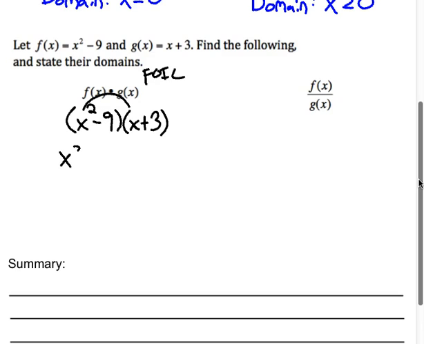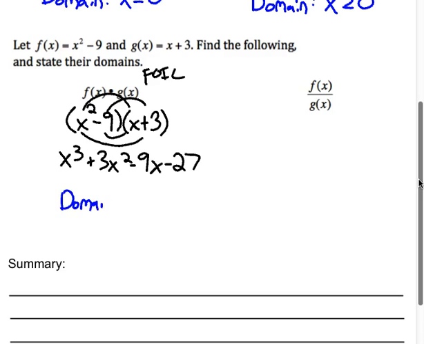I get x cubed plus 3x squared minus 9x minus 27 when I FOIL those out. My domain, because it's just a regular polynomial, is going to end up being all real numbers. Okay, remember, whenever you get a polynomial, that ends up being the case.